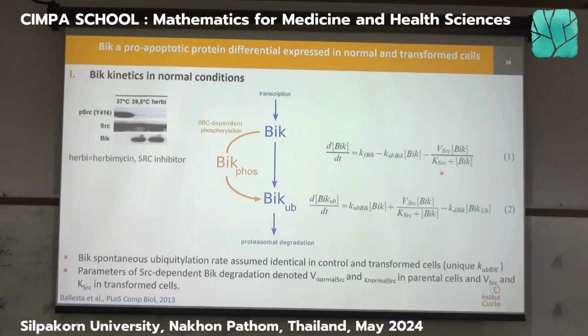So what do you think would be the value of this parameter? I don't know who said that it is 0. Because basically you don't have the enzyme, and so of course the rate is going to be 0. But okay, that's what we expect. But we didn't want to impose that. We wanted to derive this from the experimental data. So let's see what we get.